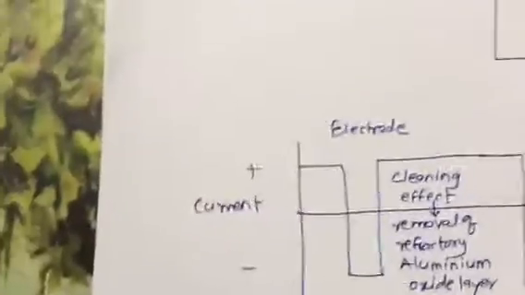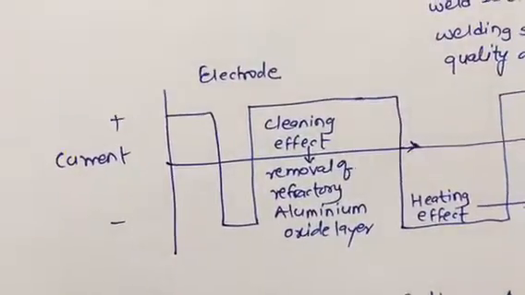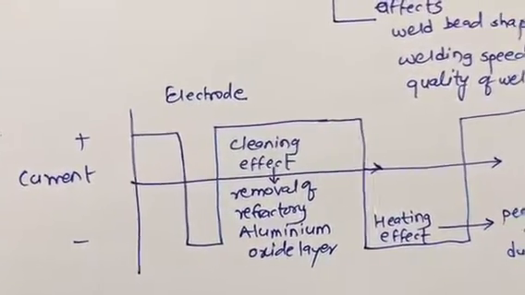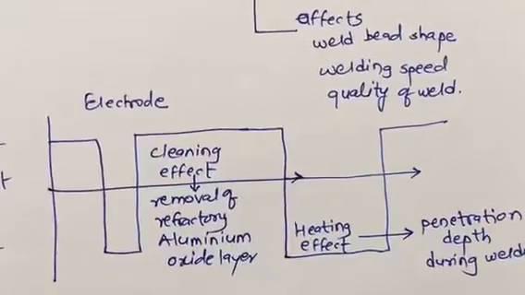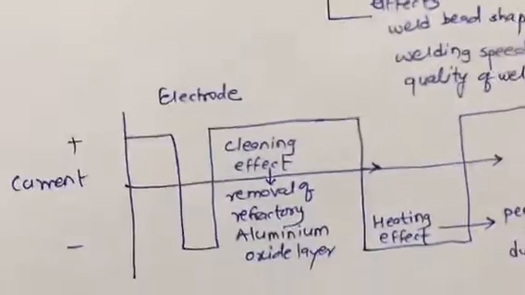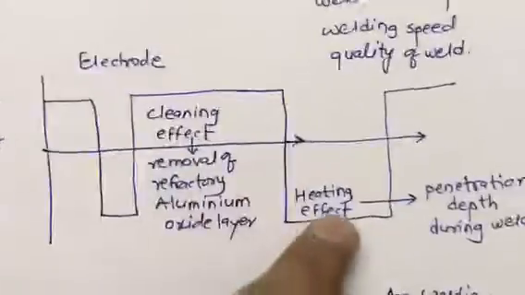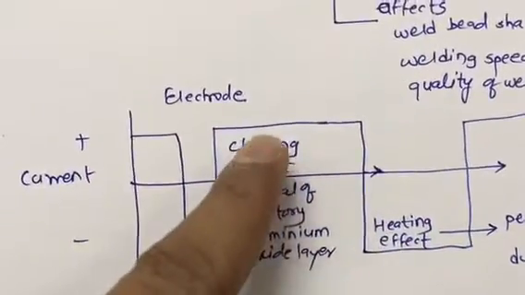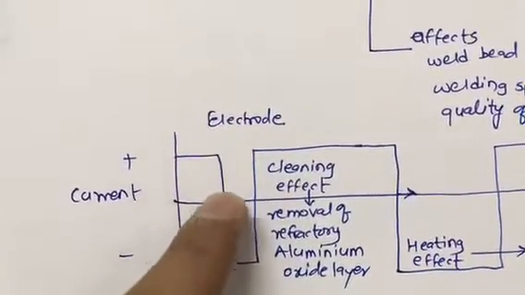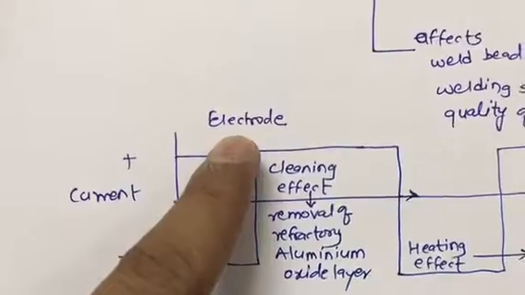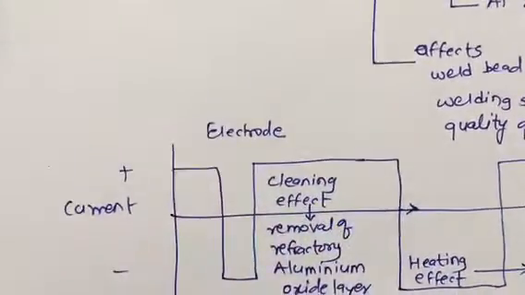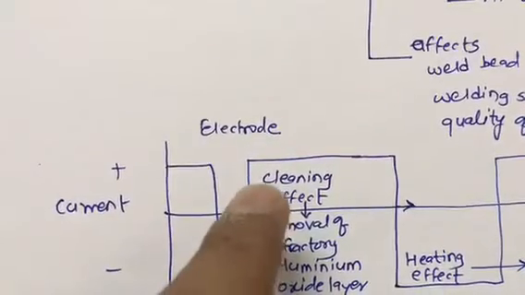Now if we look at this diagrammatic representation, it shows on y-axis current and on x-axis time. You will find that there are some positive peaks present over there and there are some negative peaks. And this is the electrode. This means that this is the amount of current passing through the electrode in the continuous arc welding, and in the positive peak we are going to get a cleaning effect.